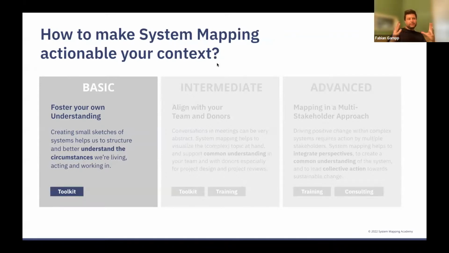In the first place, the system mapping exercise can be super easy, just for you as an individual to think about a project, or to prepare a meeting or a strategy on your own. It's really just starting with: what are the elements, what are the connections? This is already system thinking. It doesn't have to be digital, and it doesn't have to be huge.